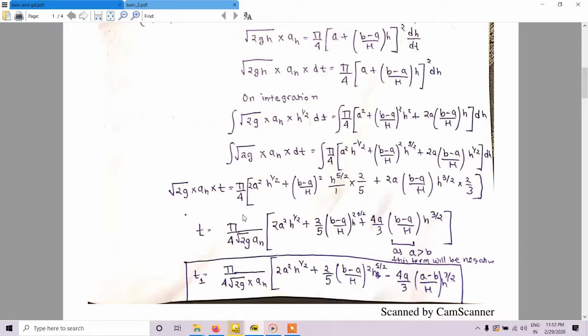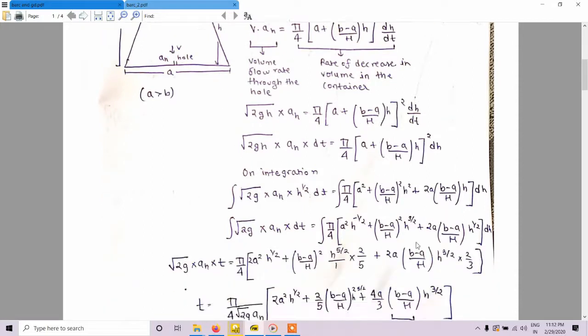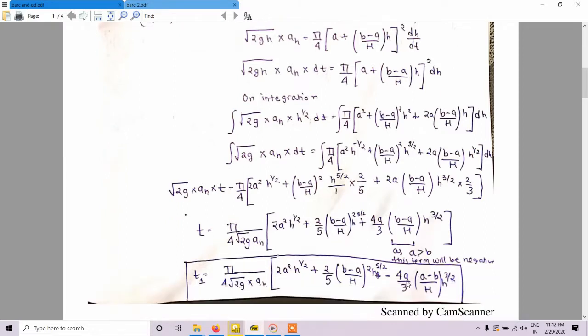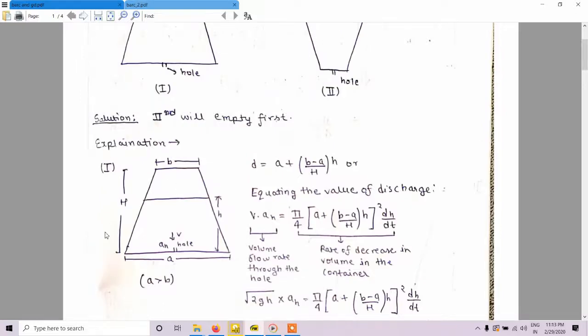Then t will be equal to this value. As we know that a is greater than b, this value will be negative. To make this term positive, we have taken the negative sign outside, and changed b minus a to a minus b. We have named this time T1. T1 is the time for this vessel to be empty.